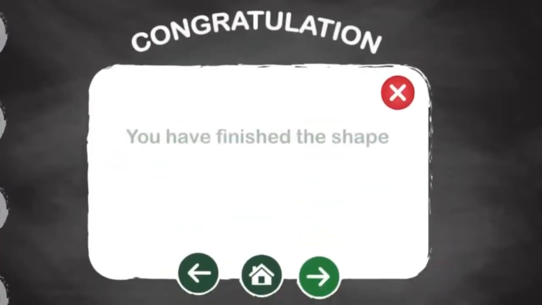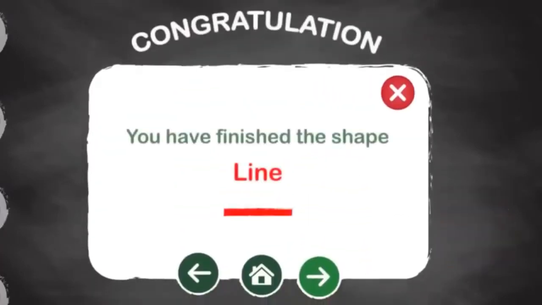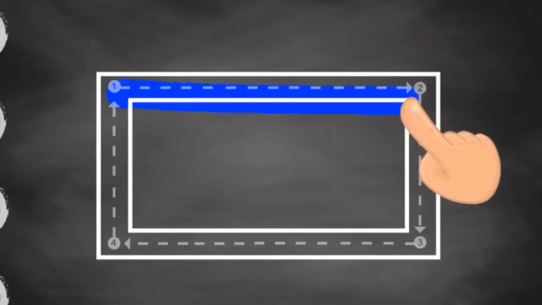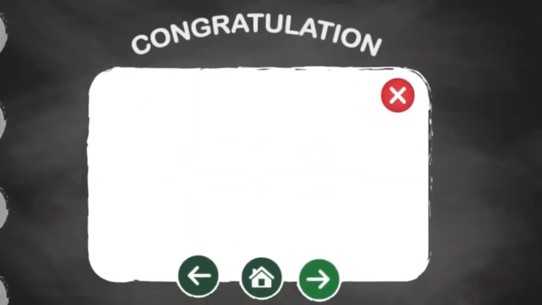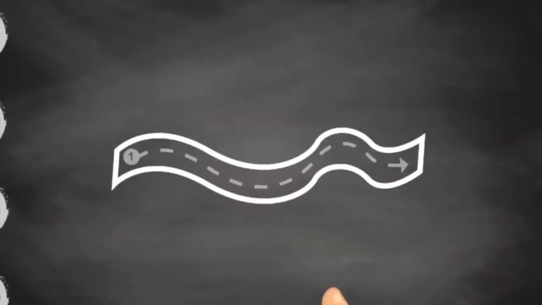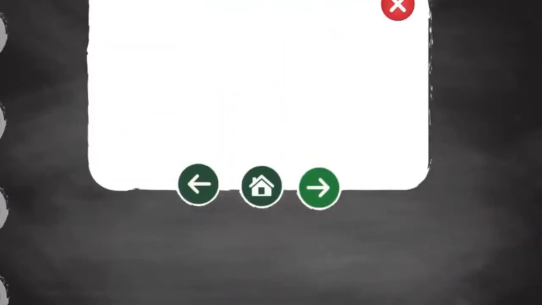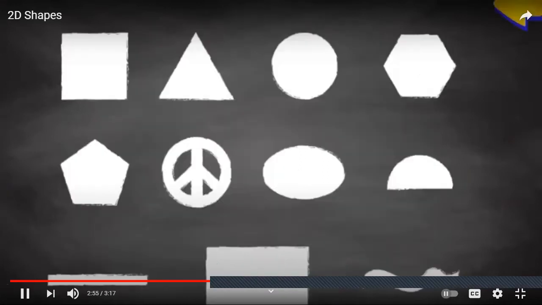That's an oval. That's an oval. That's easy too. It's like a D upside down. That's a semicircle. That's a one stroke, a line. This one has 4 sides, but it's not a square. What is it? It's a rectangle. Oh, that's interesting.